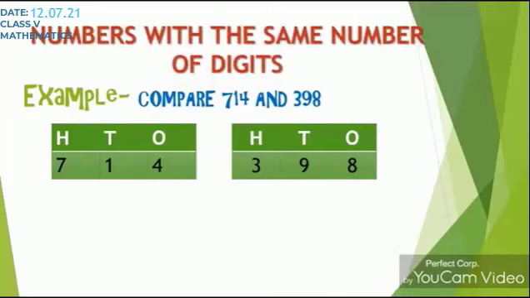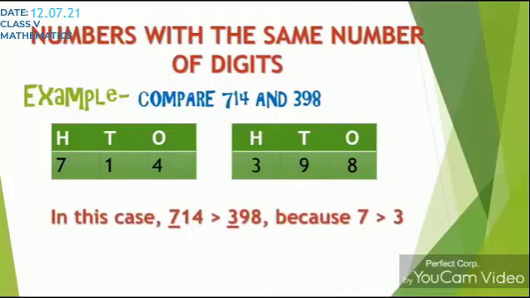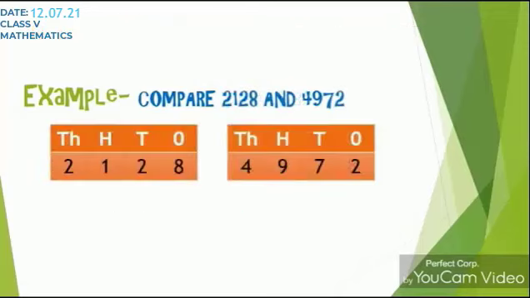As we can see clearly, both of these numbers have the same number of digits, but the number 714 has 7 as the extreme left digit, while the number 398 has 3 as the extreme left digit. While comparing 7 and 3, we can tell very clearly that the number 714 is the greater one.